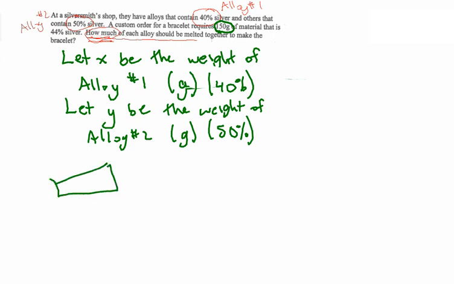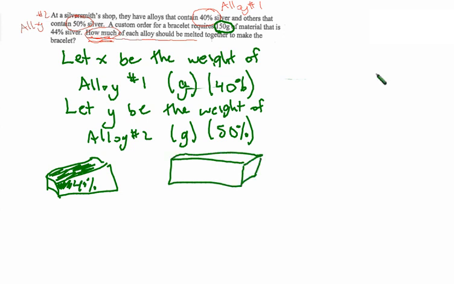So I have a chunk of metal. I don't know how many of you have melted metal. I know I haven't, but I have a chunk of metal. It's a silver alloy, so it just looks like a piece of metal. And I know that 40% of this content is pure silver. And I have another chunk over here. So there's my second chunk. And again, it's just a chunk of metal. And this one's 50%.